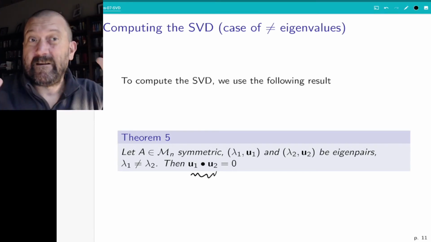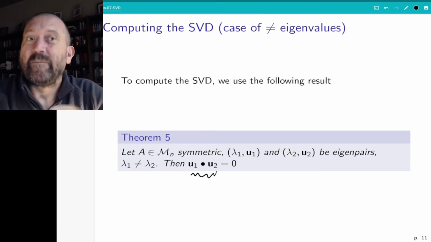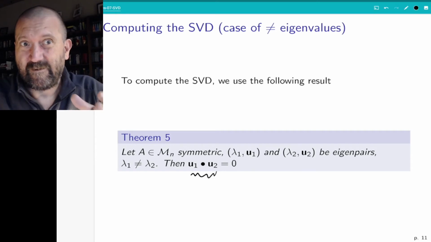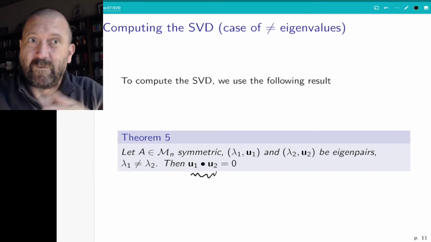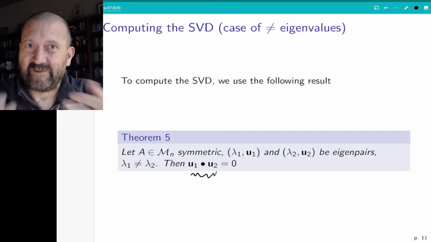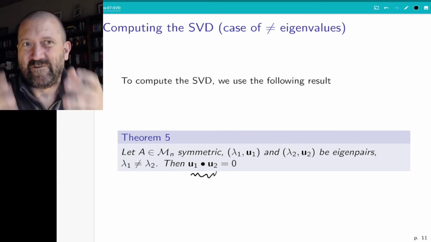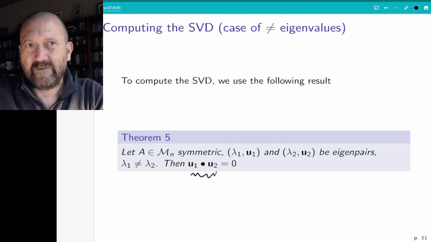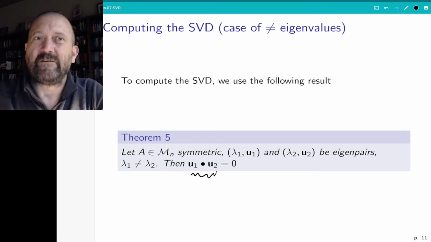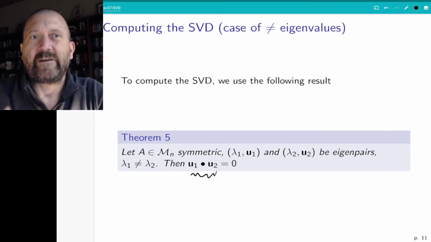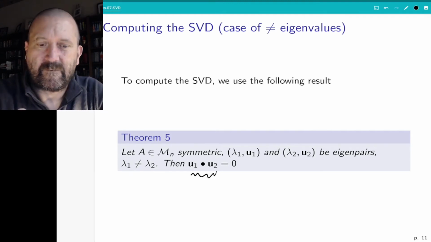So all my eigenvalues are distinct, which means all my eigenvectors are orthogonal to one another. That's why we get an orthogonal set, because every single eigenvalue taken with another eigenvalue leads to two eigenvectors that are orthogonal.